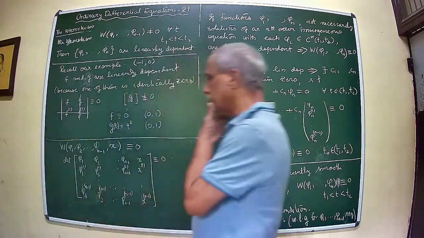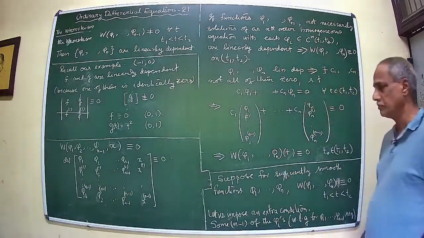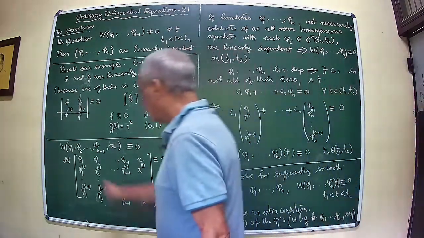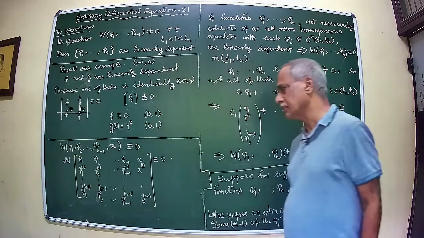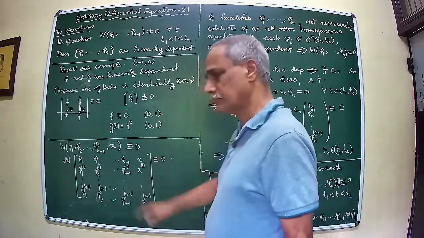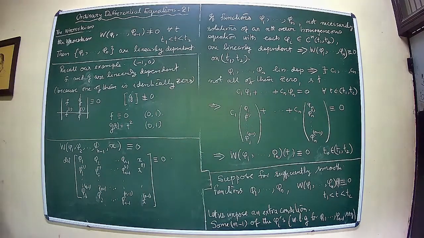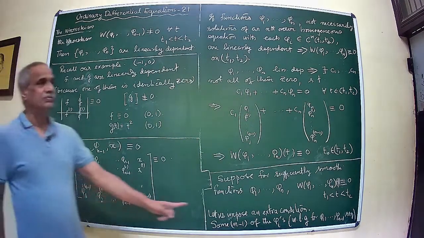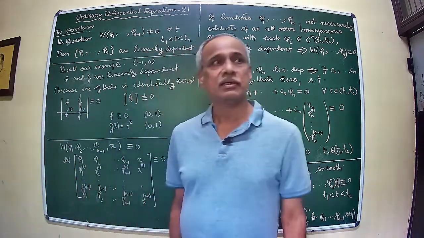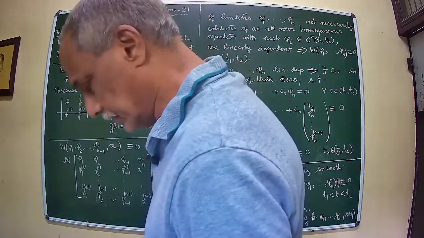This is what we are assuming. You expand this determinant about this column. What will you get? You will end up with an n minus first order differential equation.